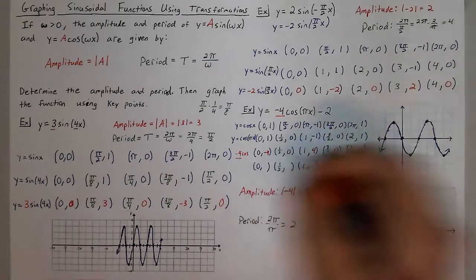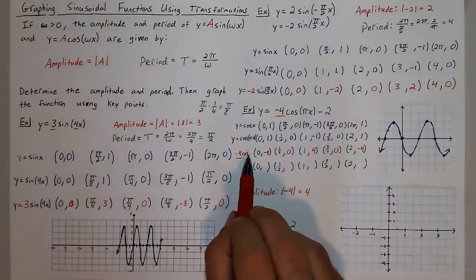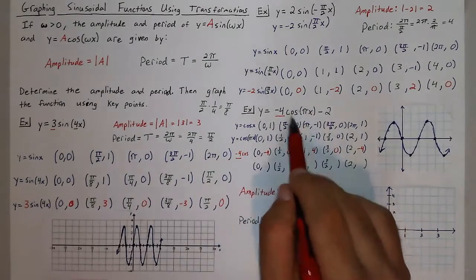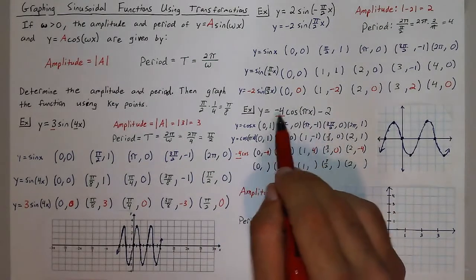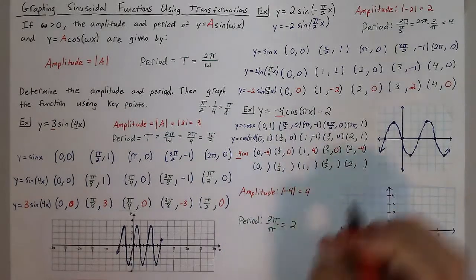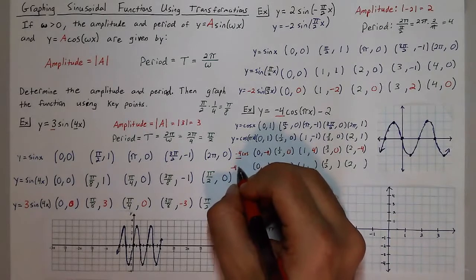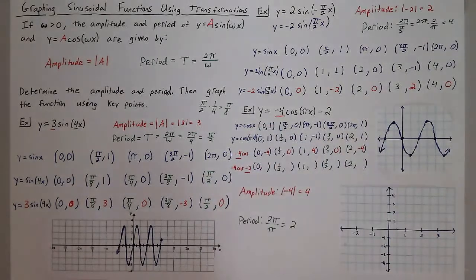And 1 times negative 4 is negative 4. Now the reason why I'm starting with the negative 4 is order of operations. I'm taking this cosine value and it's being multiplied by negative 4 first, and then we're subtracting 2. Because now that I got this, I'll then take care of the minus 2 part of the function.